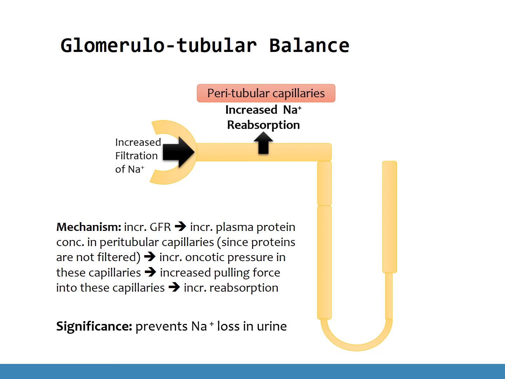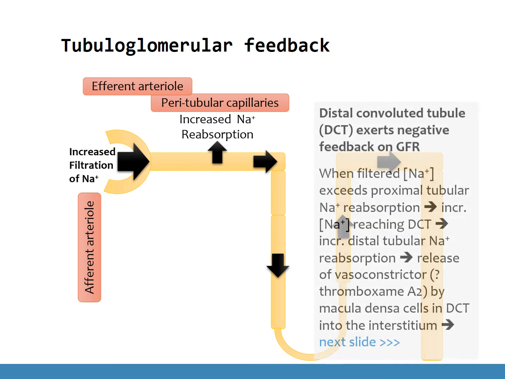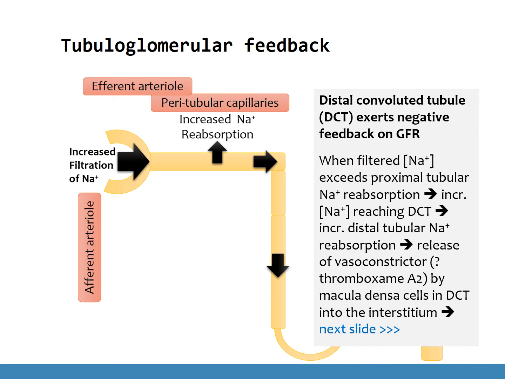The second mechanism is called tubuloglomerular feedback. Now, imagine if there is again increased filtration of sodium, and if it is not reabsorbed very well in the proximal tubules, you will have more sodium reaching the distal convoluted tubule. When more sodium reaches the distal tubule, it causes release of certain vasoconstrictors.